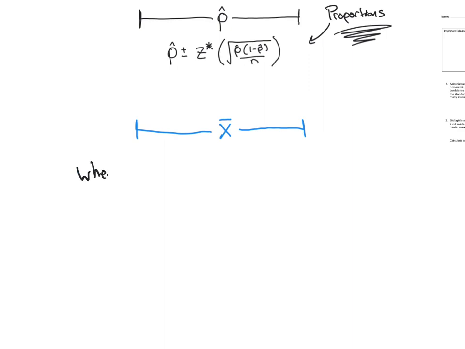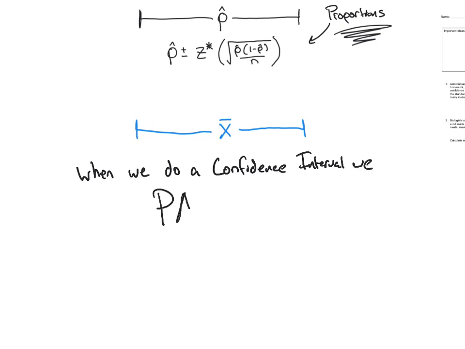So this is why I was talking about our generic structure being important. When we do a confidence interval, we panic, right? I always want you to connect those two things, confidence interval and panic.